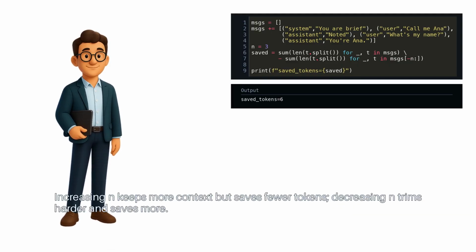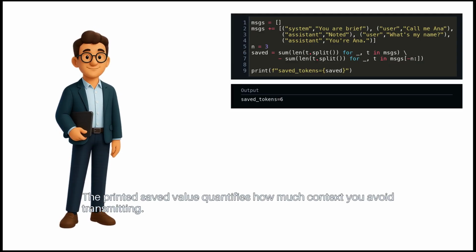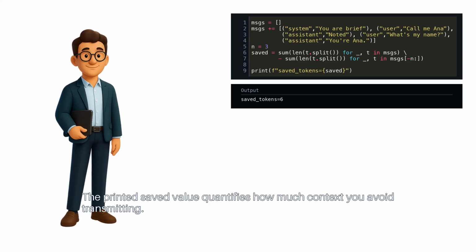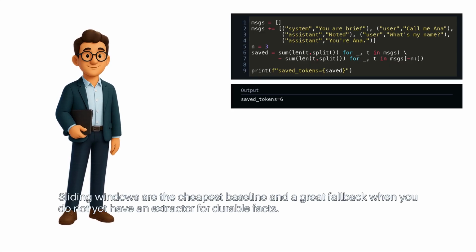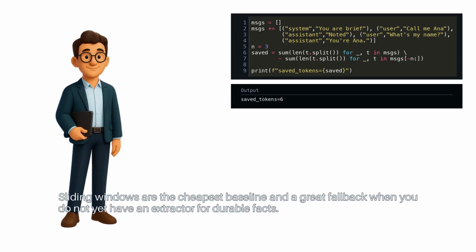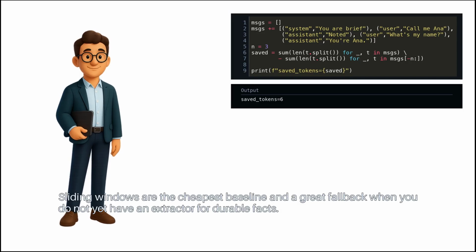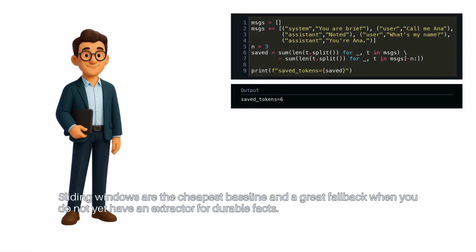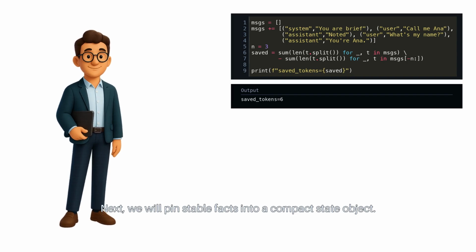Increasing n keeps more context but saves fewer tokens. Decreasing n trims harder and saves more. The printed saved value quantifies how much context you avoid transmitting. Sliding windows are the cheapest baseline and a great fallback when you do not yet have an extractor for durable facts. Next, we will pin stable facts into a compact state object.